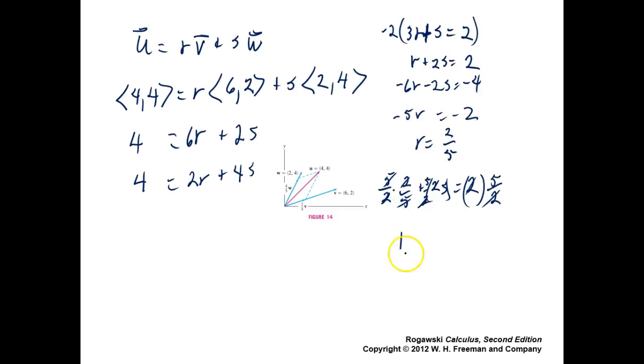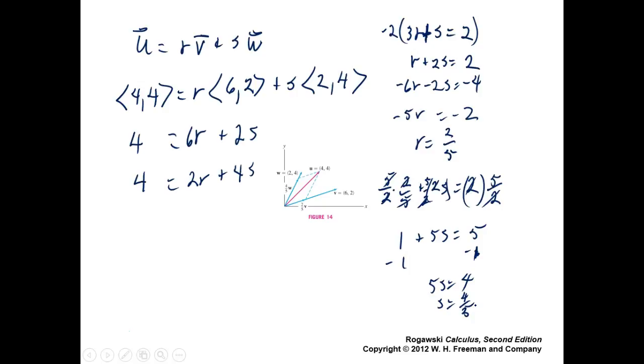So you have 1 plus 5S equals 5. Yeah, subtract 1 from both sides, and you get 5S is equal to 4, S is equal to 4/5.